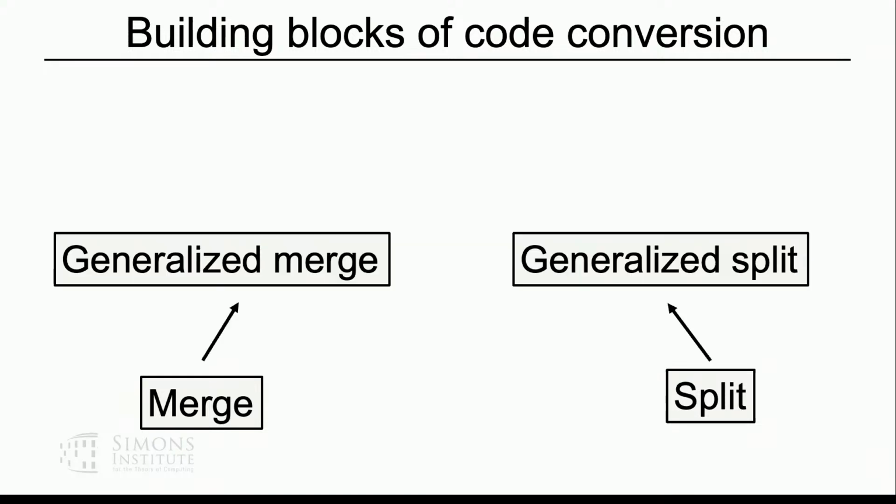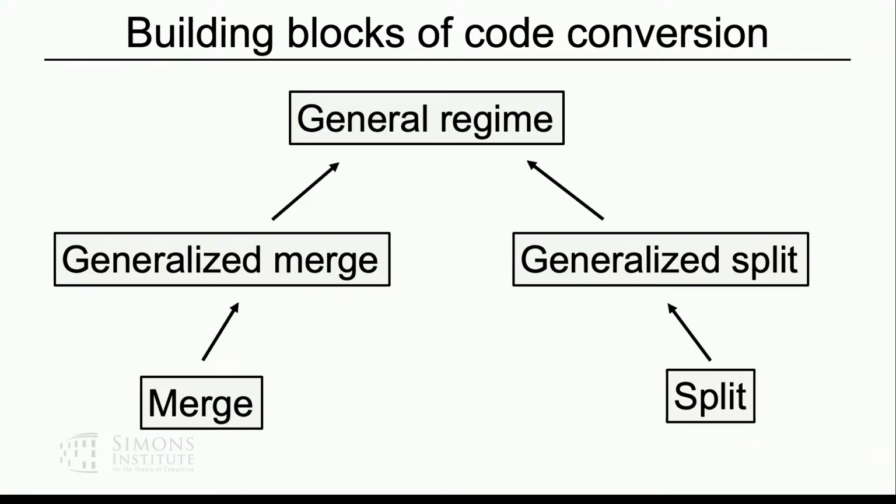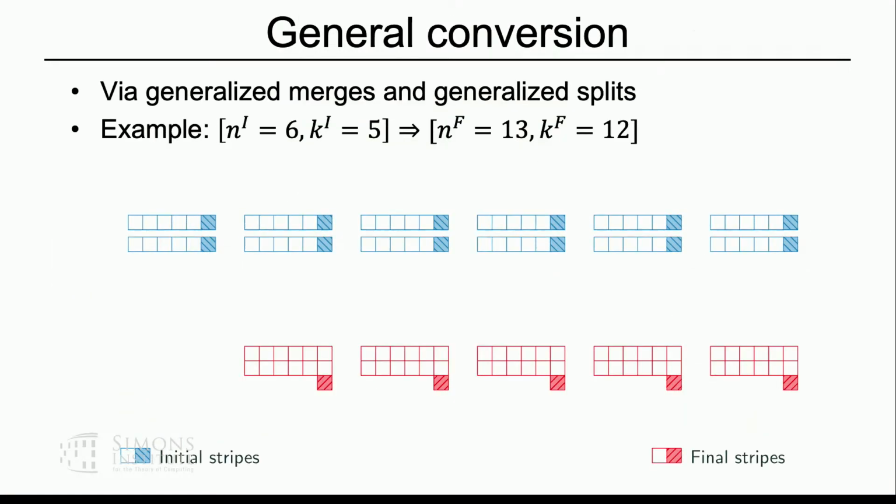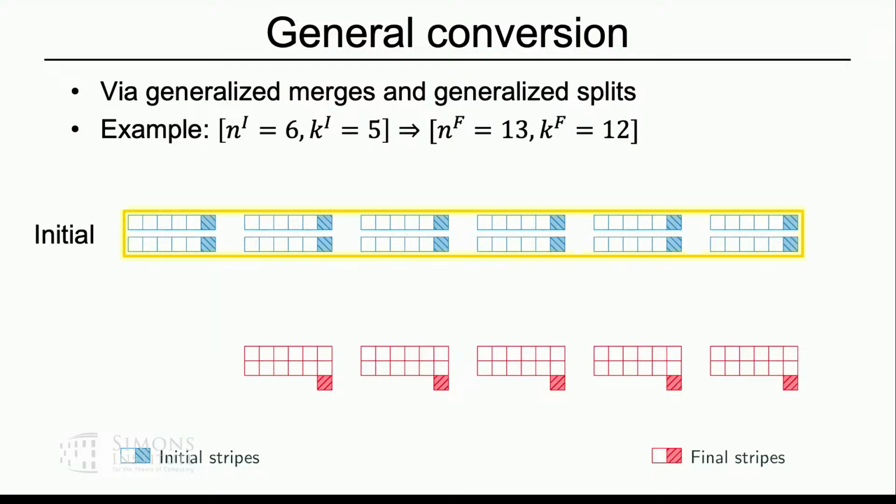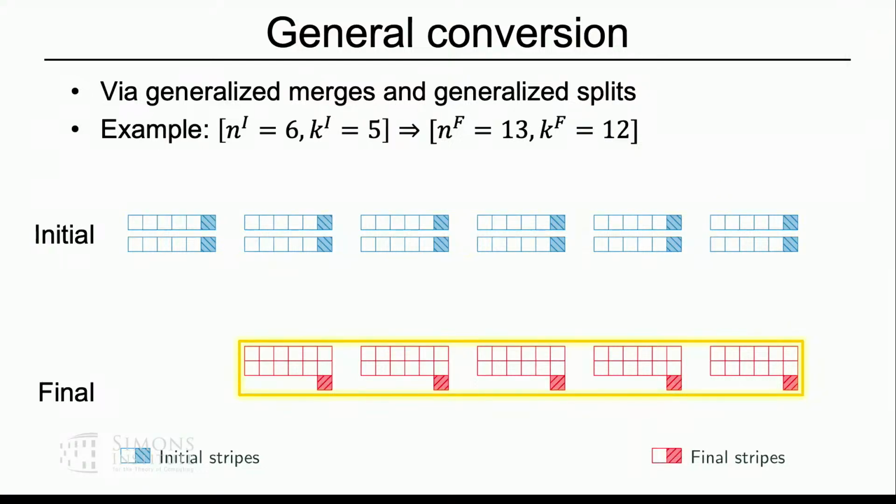Now, as I mentioned earlier, merge, split, and then you go to the general regime. Without going into the details, at a very high level, how it works is, let's say you have these initial codewords and you have to create these final codewords. You will do a certain number of merges and a certain number of splits.